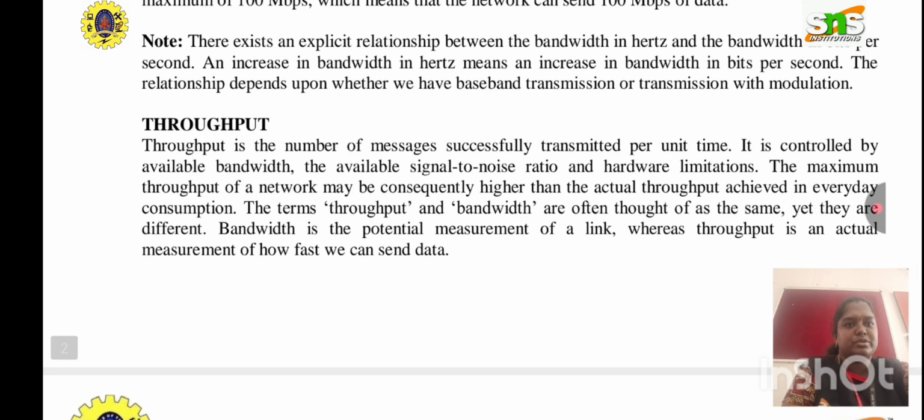Throughput means the number of messages successfully transmitted per unit of time. Per unit of time, the messages transferred from one system to another is the throughput.